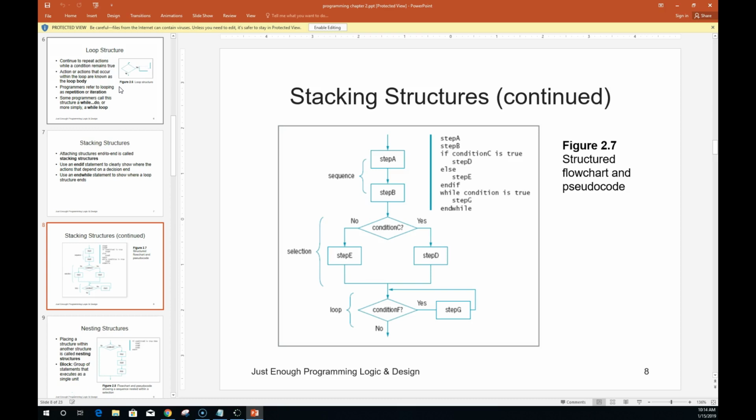And then our while loop we write as a while. So while condition is true, we're going to do step G. So while the temperature is below 71 degrees, our condition is the heater's turned on. As soon as it gets up to 71 degrees, it exits out of that loop. So as soon as we don't need any heat, we exit out.